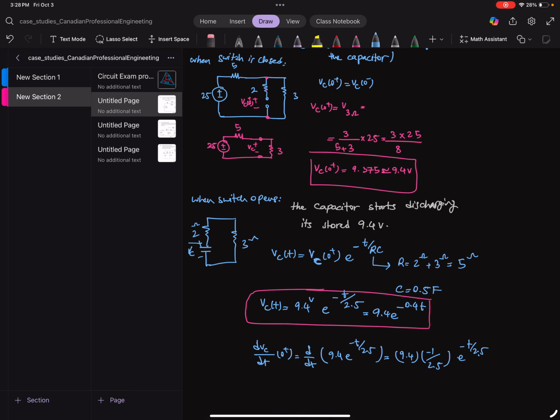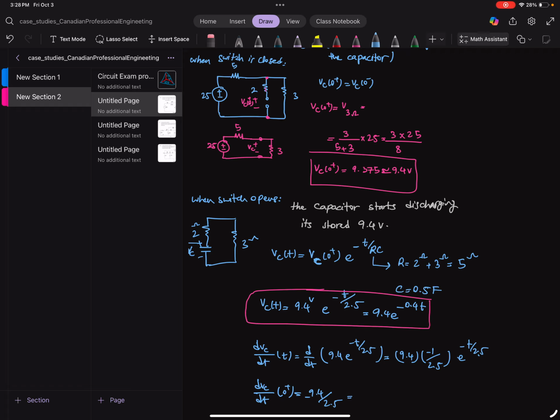At t equal to 0, dVc/dt at time 0 becomes 9.4 over 2.5 minus.